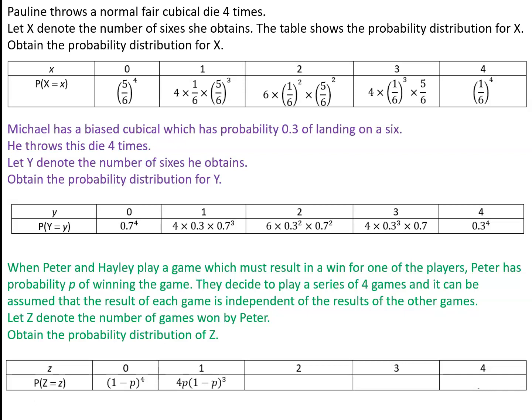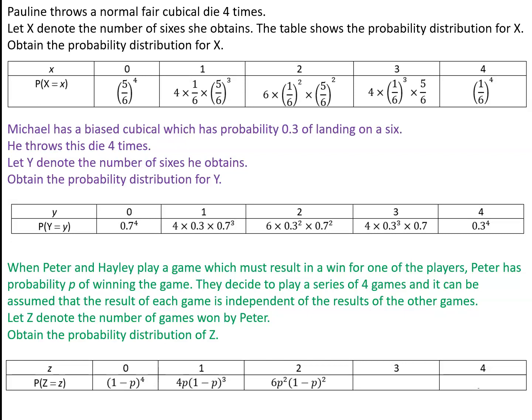Probability that Peter wins 2 games is going to be 6 times by the probability of a win squared times by the probability of a failure squared. So that's going to be 6 times p squared times 1 minus p squared.